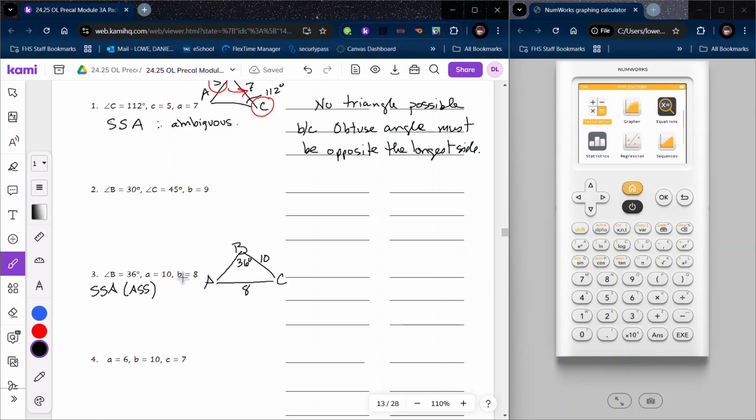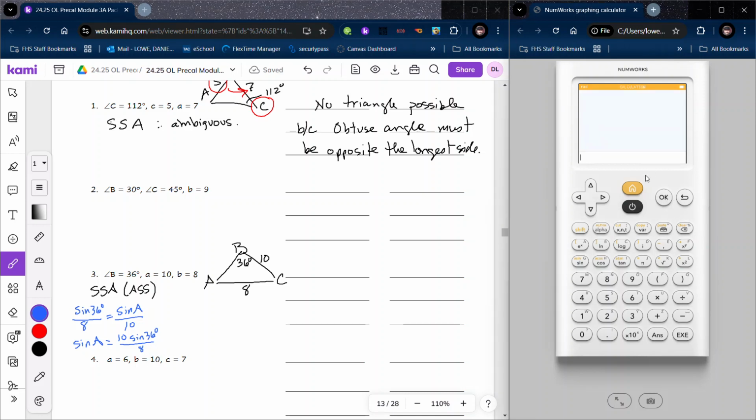So how do we set this up? We can start by saying I know that the sine of 36 degrees over 8 must be equal to the sine of A over 10. So that means the sine of A must be equal to 10 sine 36 degrees all over 8.